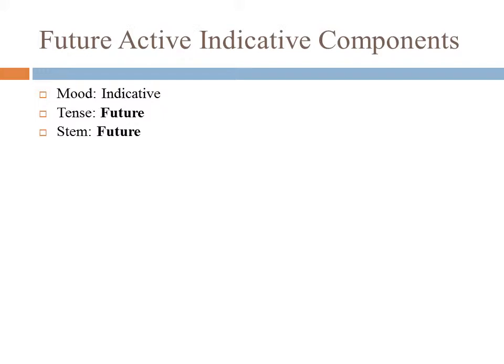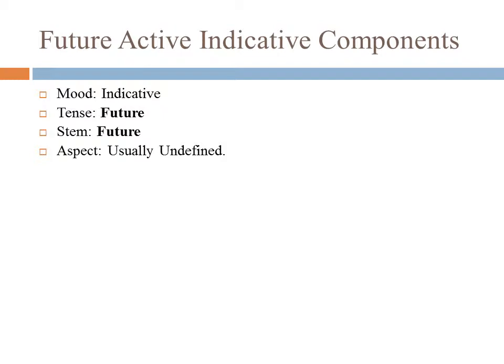The tense is the name of the tense, so the tense is future. Stem is the stem that whatever tense is built upon. So in this case, the tense is future, and the stem that it builds upon is also the future stem.